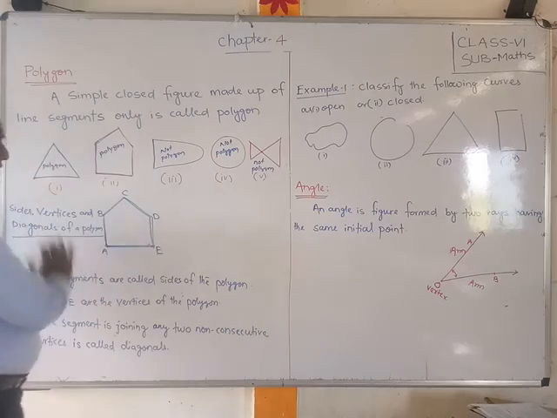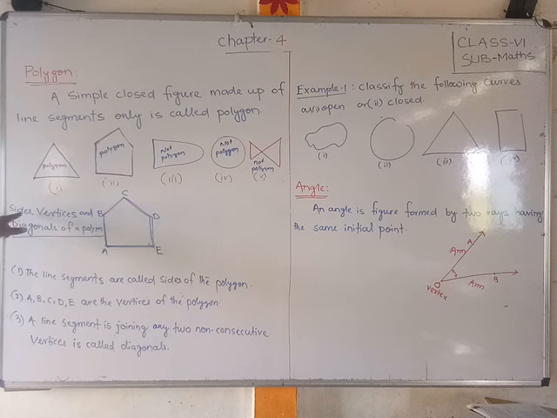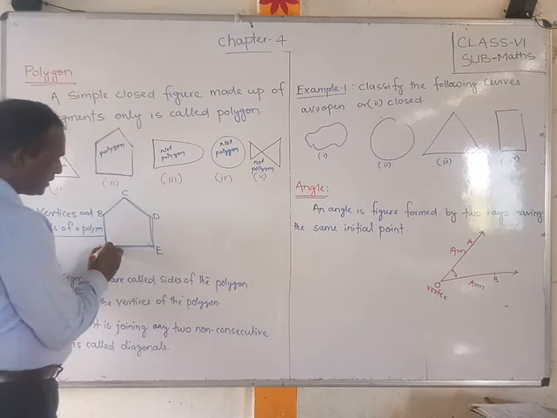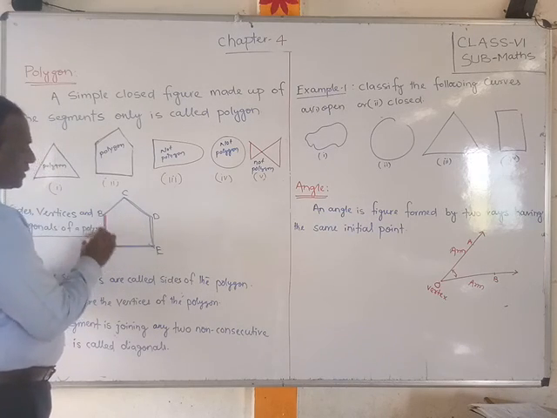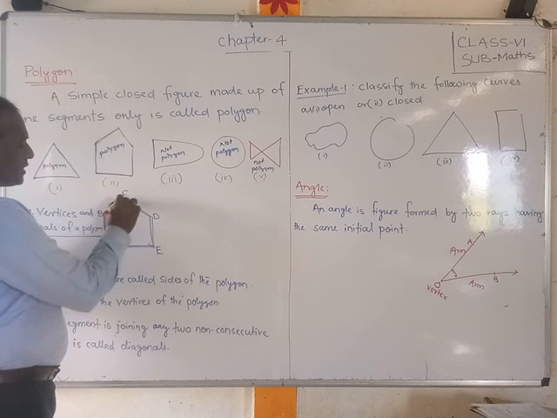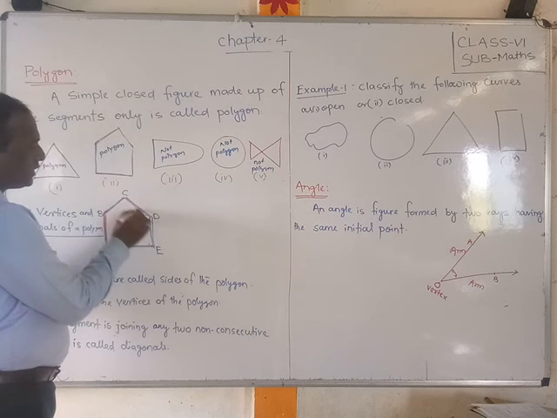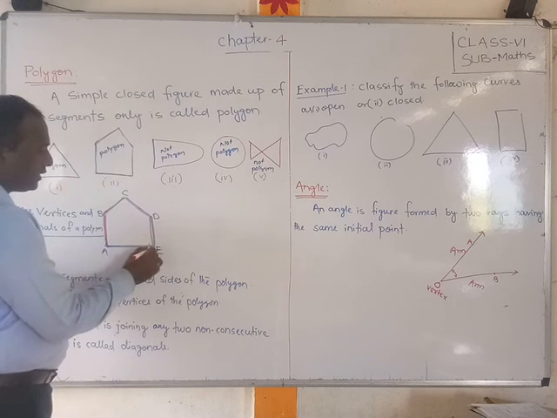But students, observe here, which are the sides? I told you we will discuss sides, vertices and diagonals of a polygon. So first of all we will discuss what the sides are. The line segments are called the sides of the polygon. This is one line segment AB. This is one line segment BC. This is one line segment CD. This is one line segment DE.